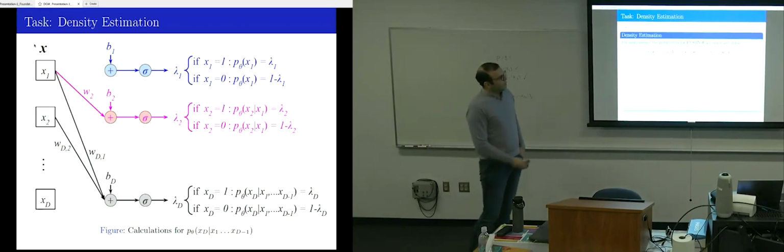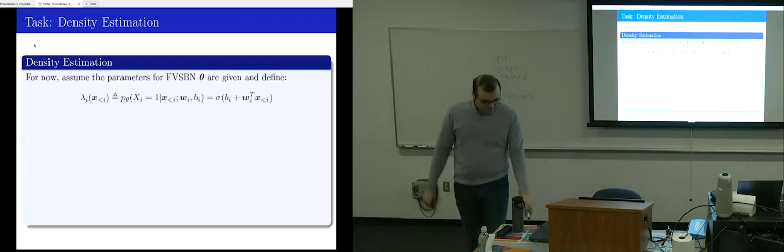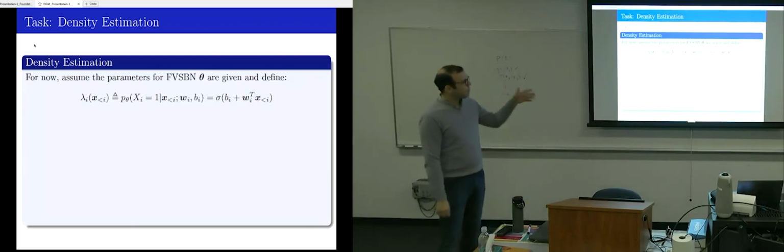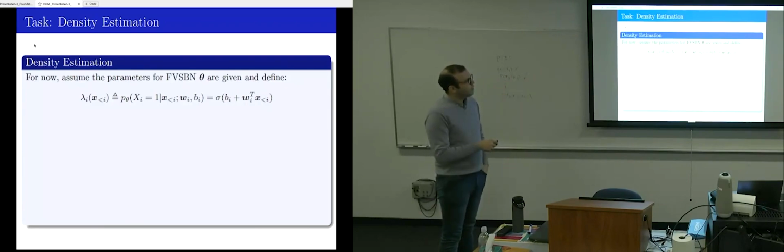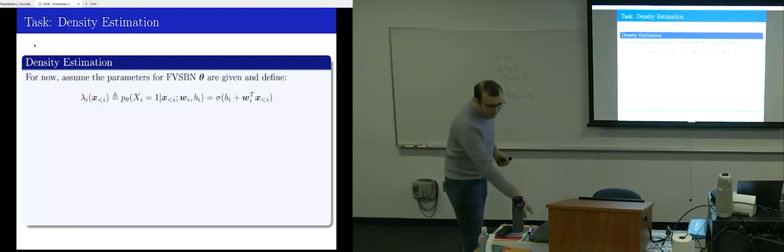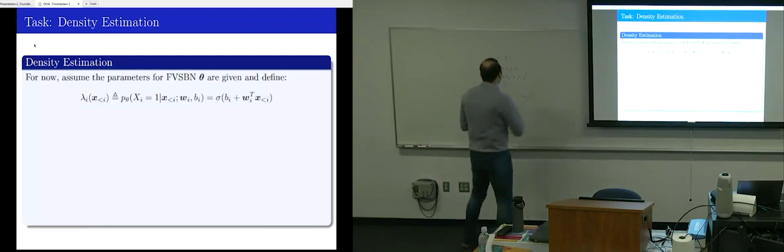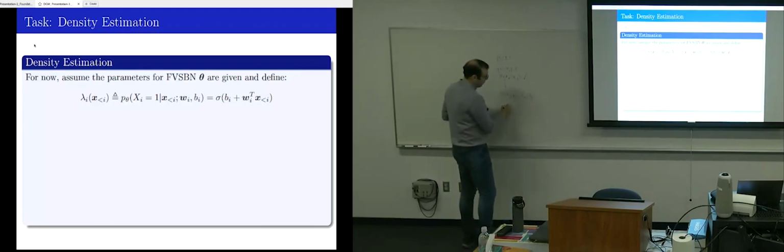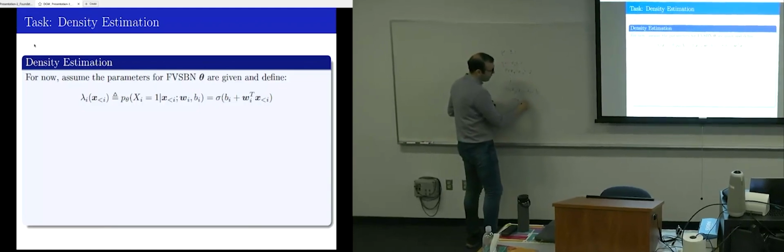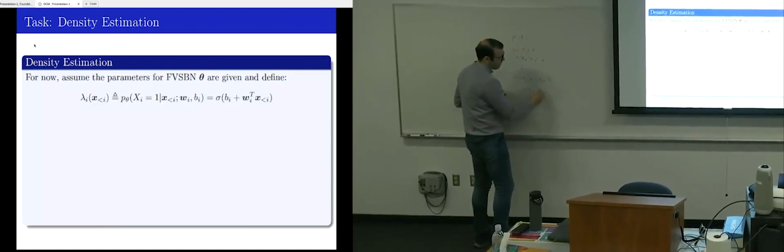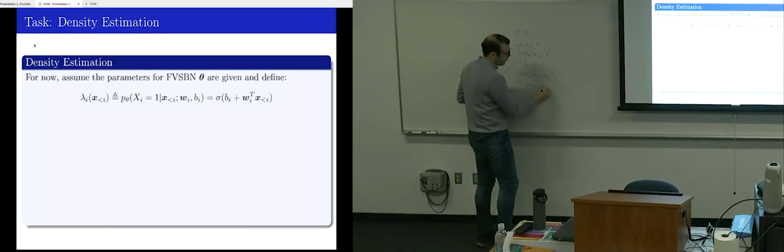Okay, this is the formulation for the previous slide. We define the parameter for Bernoulli random variables: the Bernoulli parameter for p of xi given x less than i.